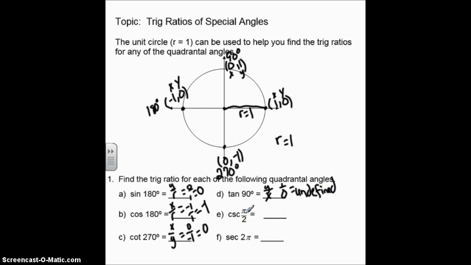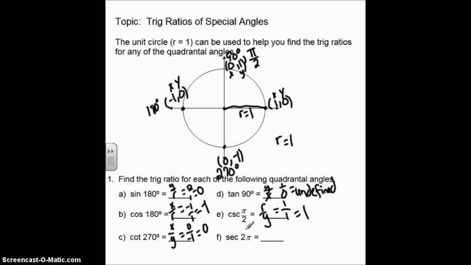Okay, cosecant of pi over 2. If you'll recall from our earlier studies, pi over 2 is 90 degrees. Cosecant, which goes with sine, is actually the reciprocal of sine, so it would be R over Y. In this case that would be 1 over 1, since Y here is 1.